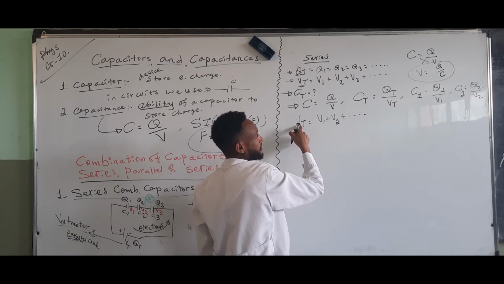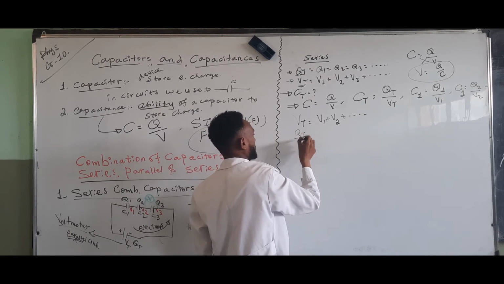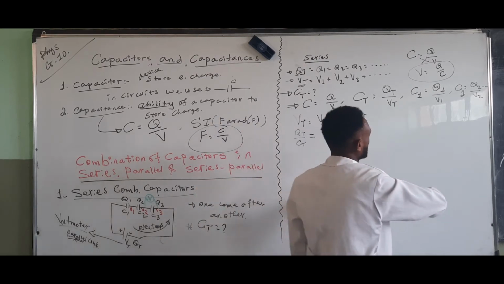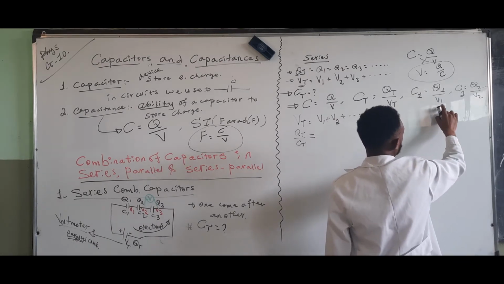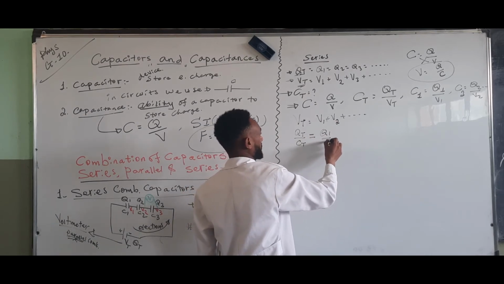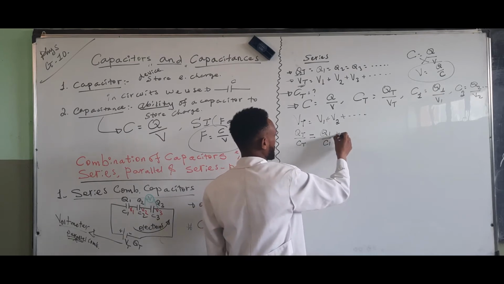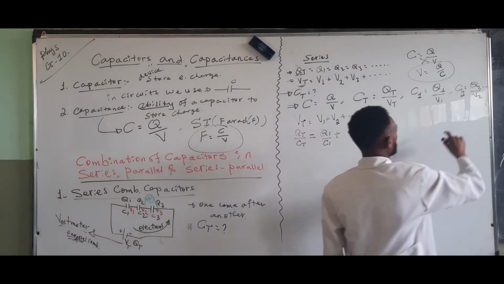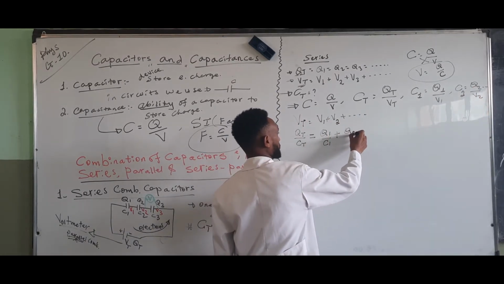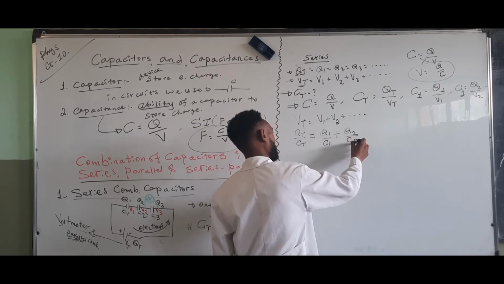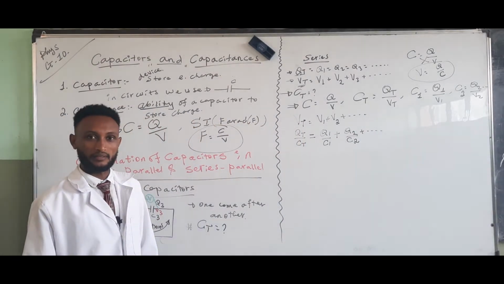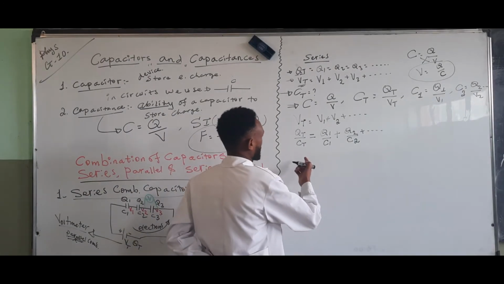So the total voltage, total charge over total capacitance, is equal to voltage 1, which is charge 1 over capacitance 1, plus voltage 2, which is charge 2 over capacitance 2, and it continues up to the number of capacitors.